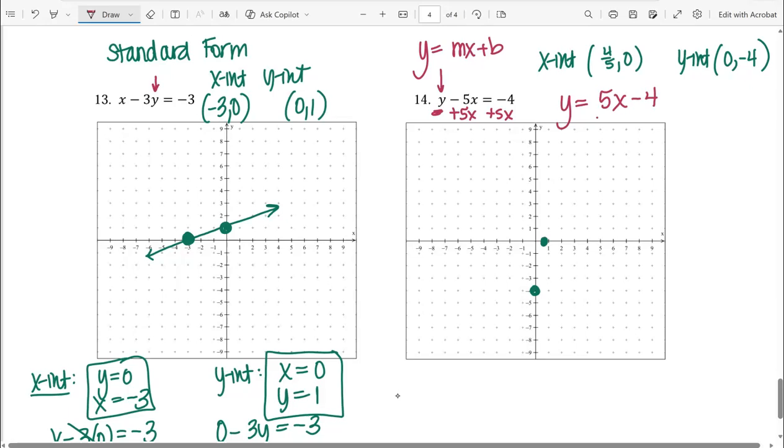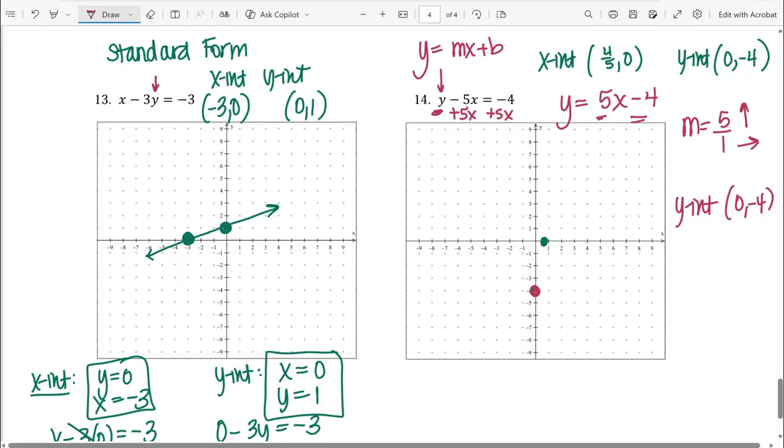It would have given me a slope of 5 that I would have needed to put over 1 in order to have a rise and a run. It would have given me a y-intercept of negative 4, which we had already plotted.